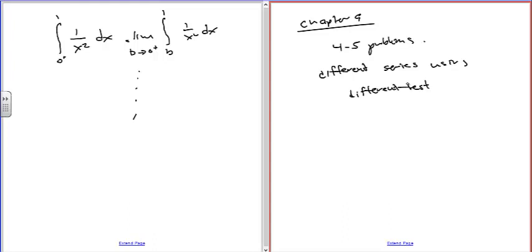Now, I'm not going to ask you to figure out which test. I'm going to tell you which test to use. You just have to know how to apply the test and write it out correctly.